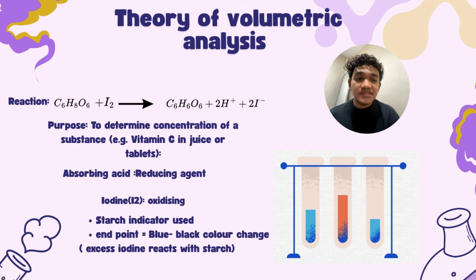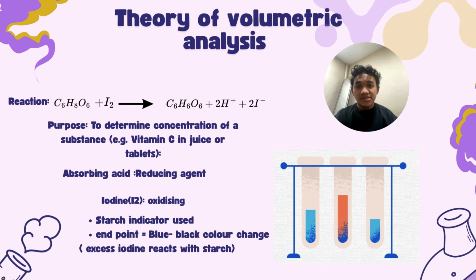Ascorbic acid acts as the reducing agent, while iodine acts as the oxidizing agent. Starch is used as an indicator. The endpoint is reached when the solution changes to a blue-black color, showing the excess iodine has reacted with the starch and all the vitamin C has been consumed. Now I pass to Anas to talk about the methodology.